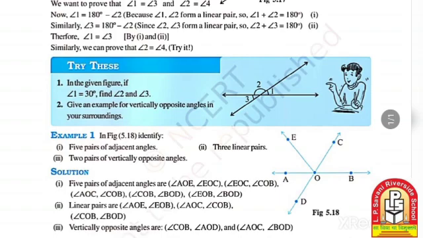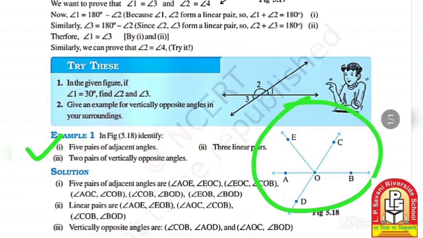Let's take one example. In example number 1, just observe this figure. There are five pairs of adjacent angles, three linear pairs and two pairs of vertically opposite angles. First of all, what are the five pairs of adjacent angles? They are AOE and EOC, which is the first pair.